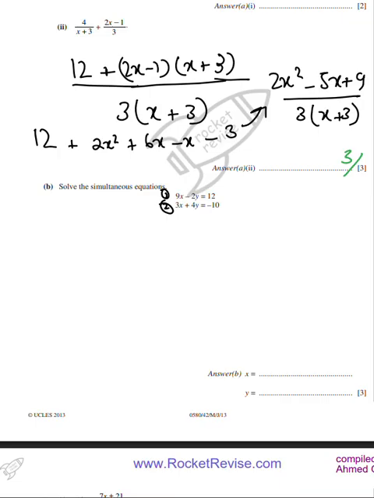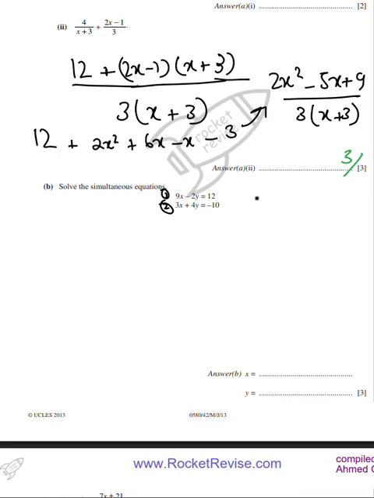Okay, will we use substitution or will we use elimination here? We'll use elimination in this case. Why? Because whenever we use substitution, we need to have x or y in their singular forms. So like if we have 2y, we cannot use 2y to substitute, right? Or 2x or 3x or whatever. So here we'll use the elimination method.